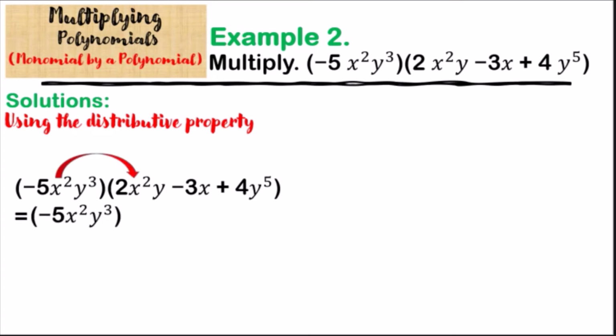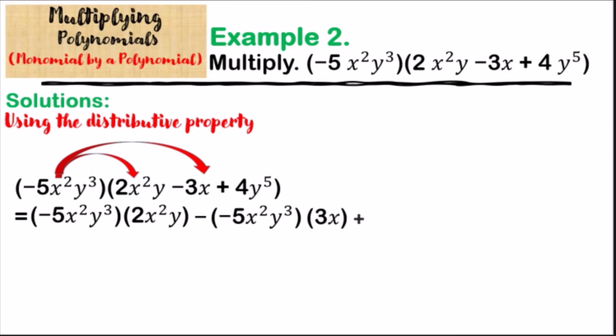That is negative 5x squared y raised to the 3rd power times 2x raised to 2y minus multiply the monomial to the second term of the polynomial. That is negative 5x squared y raised to the 3rd power times 3x plus multiply the monomial to the 3rd term of the polynomial. That is negative 5x squared y raised to the 3rd power times 4y raised to the 5th power.